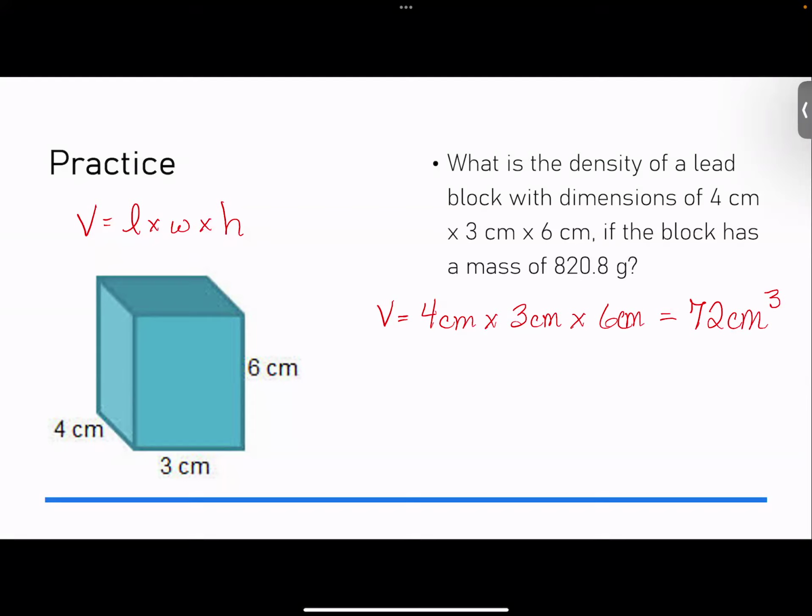Now that I know the volume, I can determine the density, because density is mass divided by volume. Therefore, it's going to be 820.8 grams divided by 72 centimeters cubed. And we get a value of 11.4 grams per centimeter cubed.